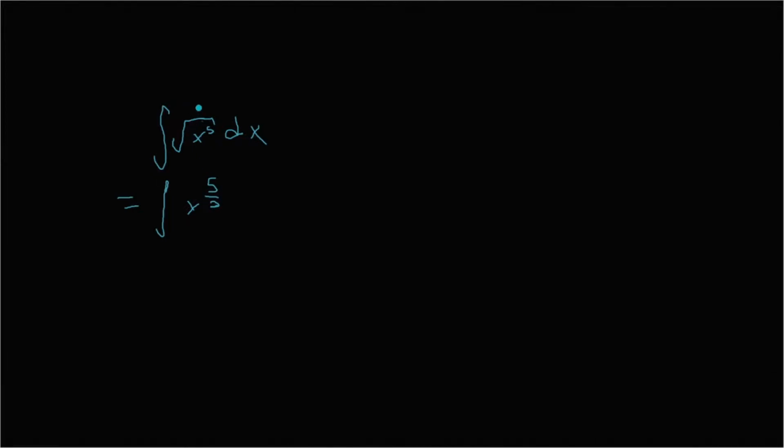The square root is just something to the 1/2 power, and so we could rewrite this as the integral of x to the 5/2 dx. And now this is like our polynomial that we had before. We can add 1 to the exponent and divide by that exponent. So 5/2 plus 1 is 7/2.